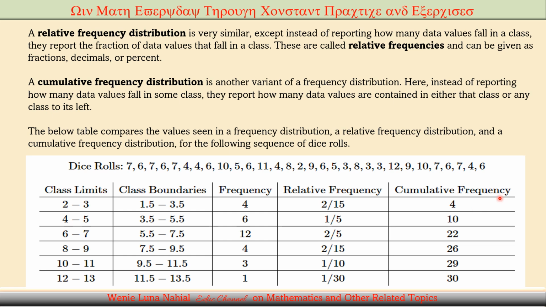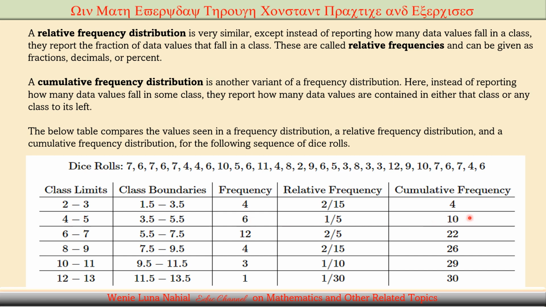But for the cumulative frequency, it's different because you keep on adding. For example, for the class interval 2 to 3, the frequency is 4. So that's the first term or the first number in the cumulative frequency. But for the second class interval, we got 10 because under frequency, 4 plus 6 is equal to 10.